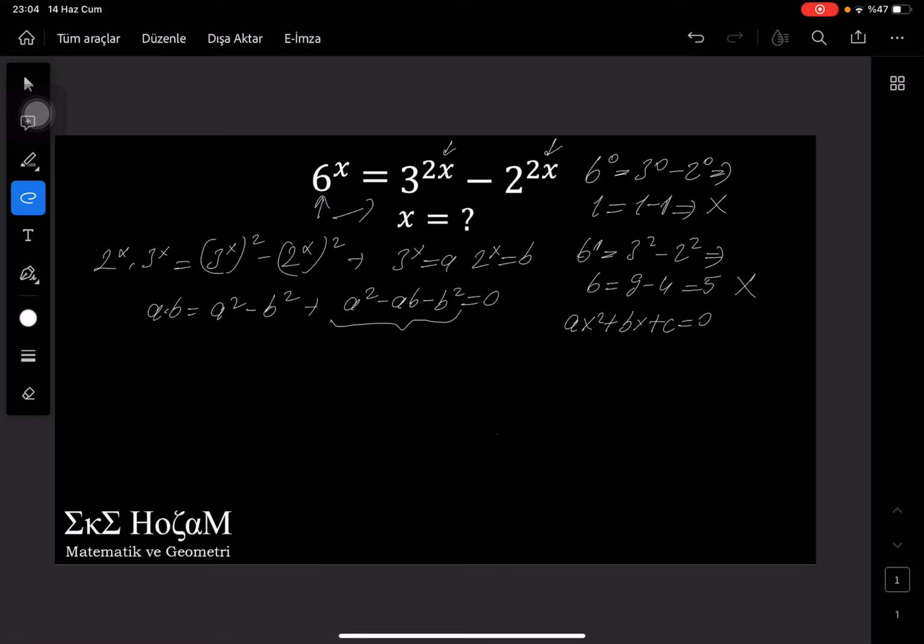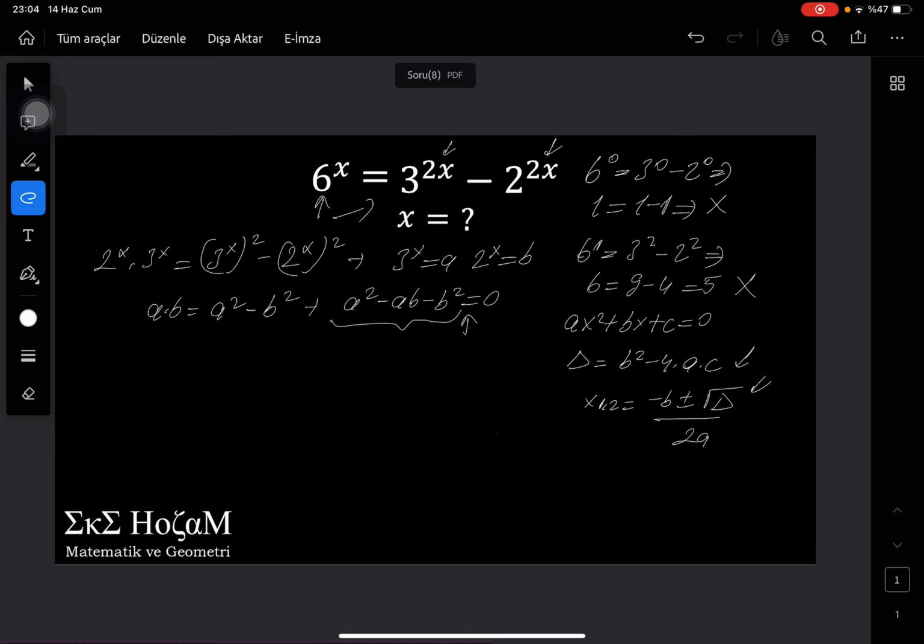The discriminant can be written as b squared minus 4 times a times c, and the roots x1, 2 will be minus b plus minus square root of discriminant divided by 2a. So this information is important to find a relationship between a and b in our next step.